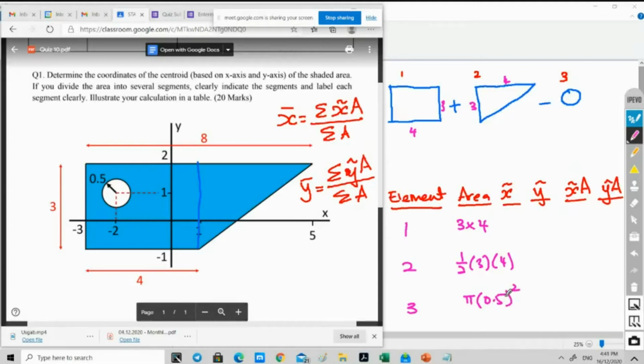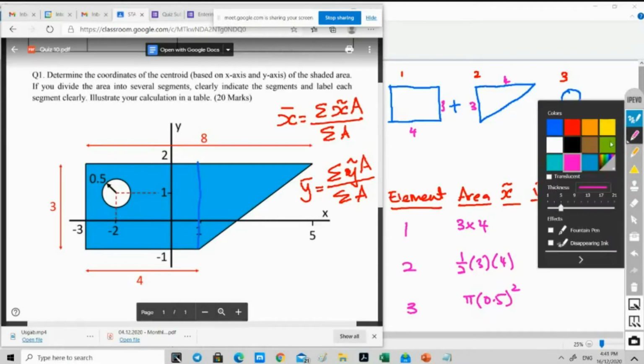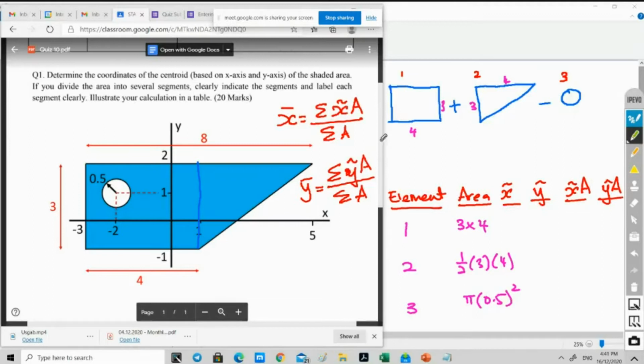Okay, so that's the area. That's the easy part, right? So in terms of the centroid, we've got x tilde and y tilde, which is the coordinate of the centroid of the shapes, right? So in this case, the centroid will be at the middle.